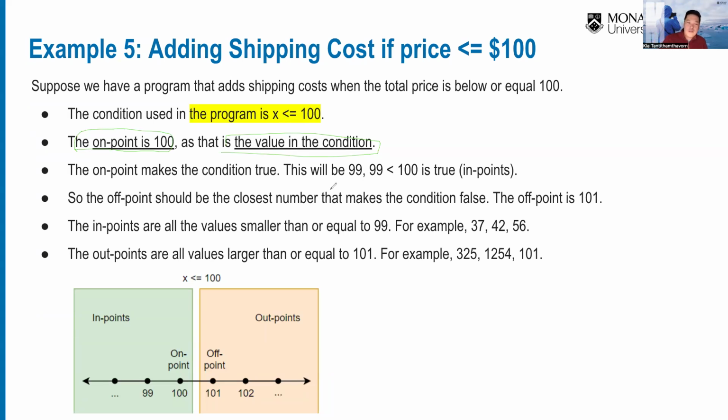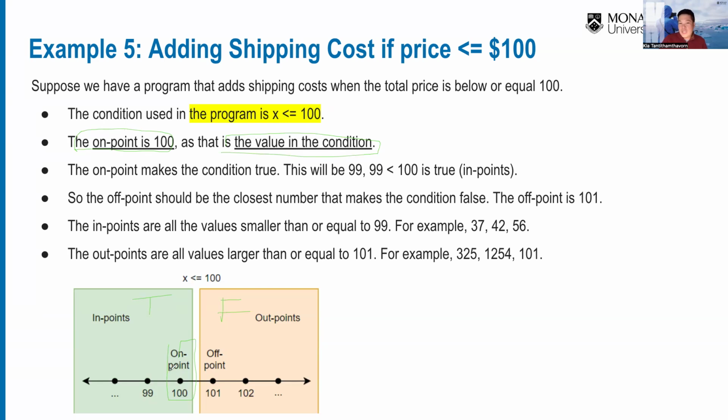So what should we test, if you draw the line again? In point means the valid scenarios, the positive scenarios, which return true, otherwise return false. The on point is the value at the condition, because the spec says 100 is the condition, it should be below or equal to 100.